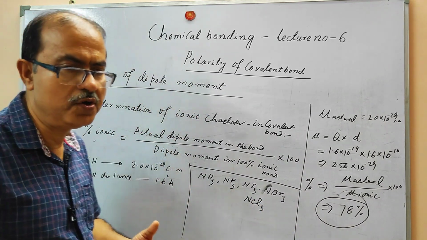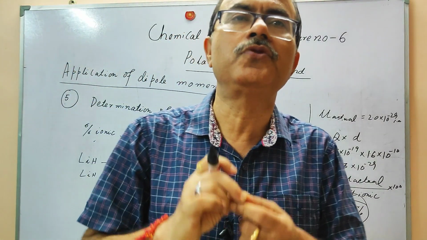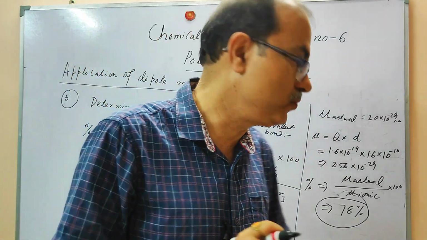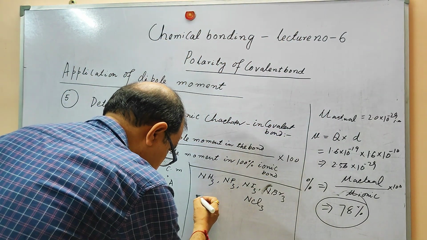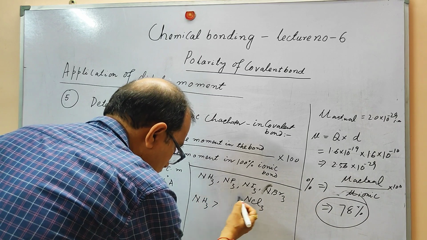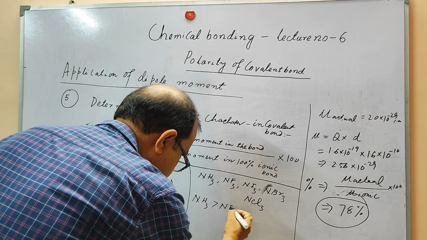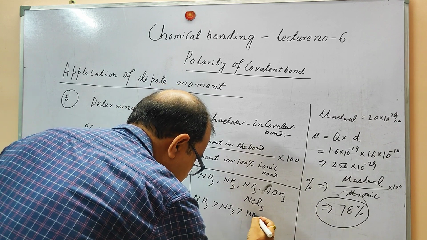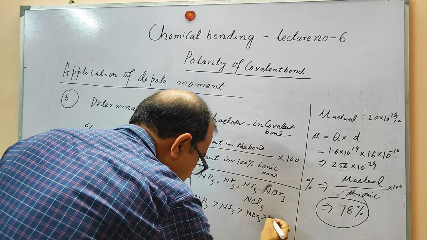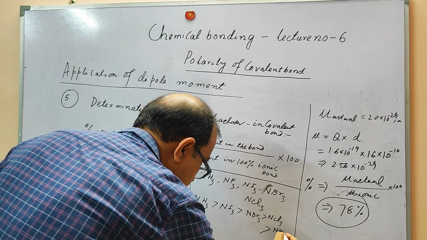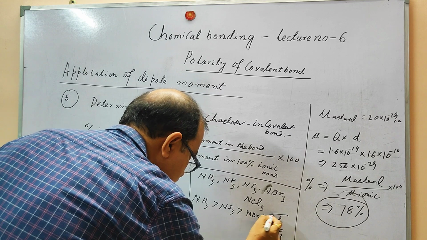In this case you have to consider the dipole moments of the bonds and the dipole moment of the lone pair electrons. You will find that NH3 has the highest dipole moment, followed by NI3, then NBr3, followed by NCl3, and last is NF3. This will be the answer.